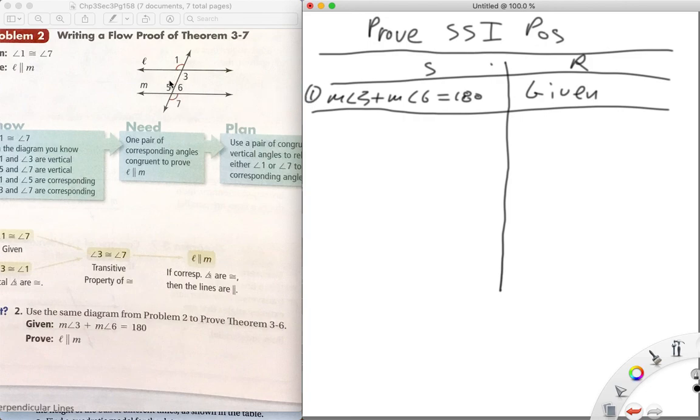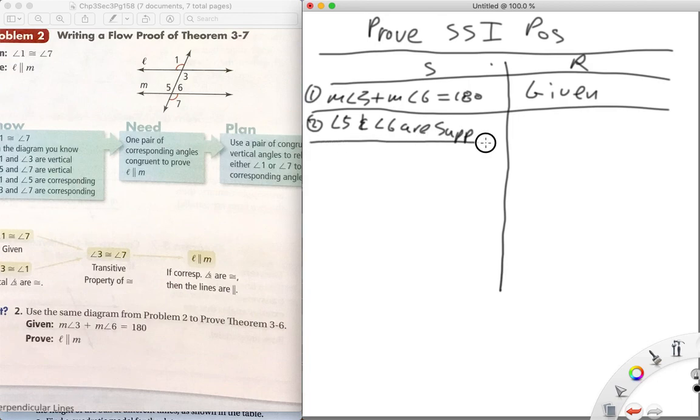And then I can substitute one for the other. So I'm going to say that angle 5 and angle 6 are linear pairs. Or I could say, I'm sorry, they're supplementary.